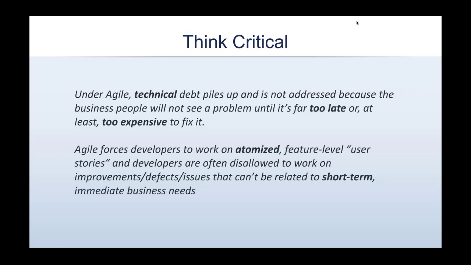So the first one: under Agile, technical debt piles up and is not addressed because the business people will not see a problem until it's far too late or at least too expensive to fix it. And the second one: Agile forces developers to work on atomized feature-level user stories, and developers are often disallowed to work on improvements, defects, issues that can't be related to short-term, immediate business needs.